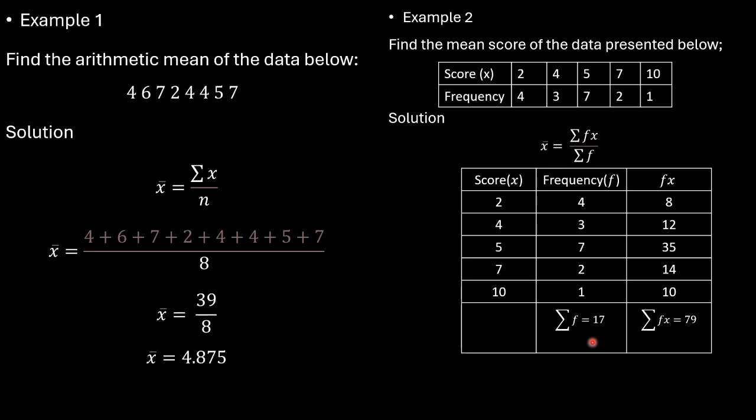Also, the addition of all the values in the fx column gives us summation fx, which equals 79. So this gives us 79 divided by 17, and we have our mean equal to 4.6471 for the data above.